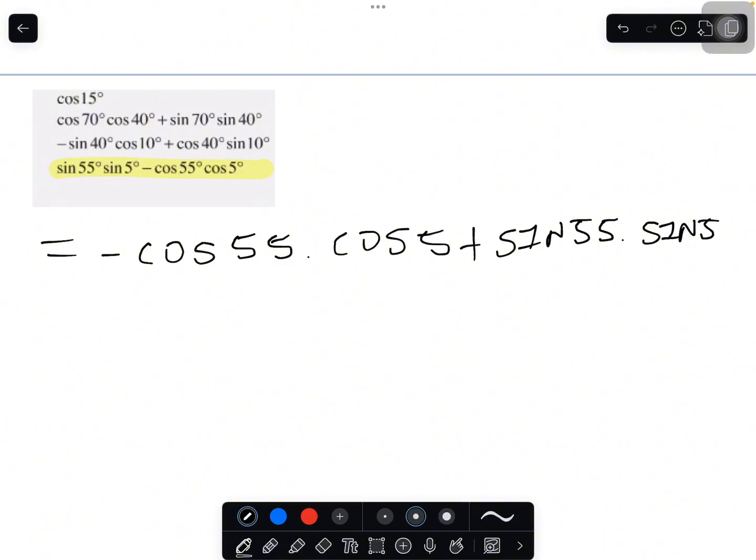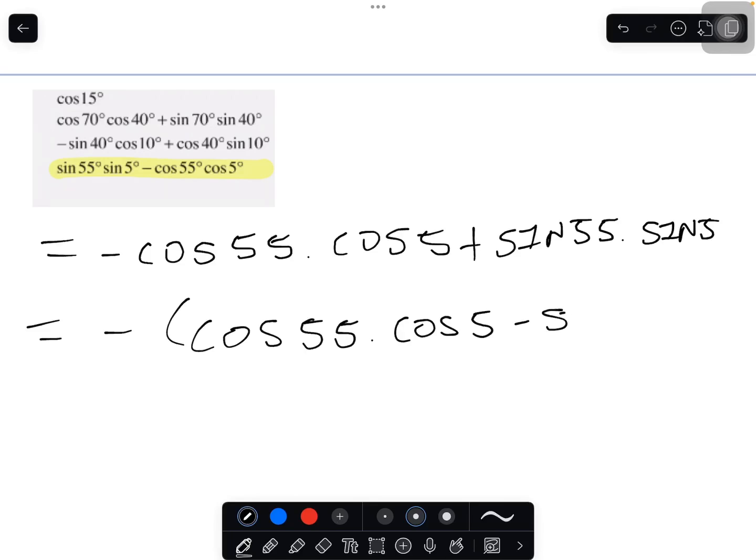I can now take out a negative as a common factor, and I'm left with cos 55 times cos 5 minus sine 55 times sine 5.